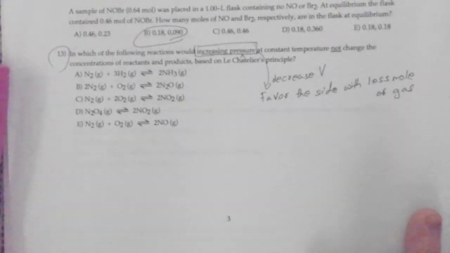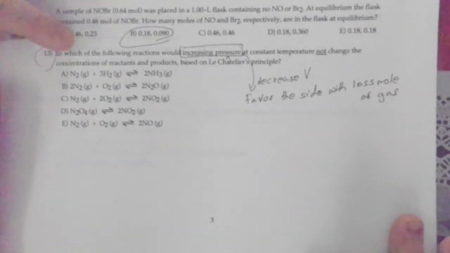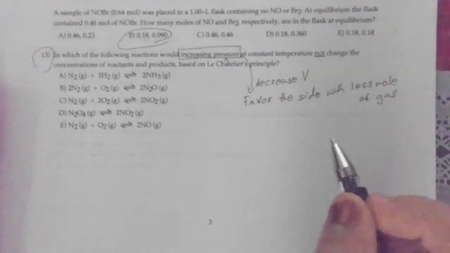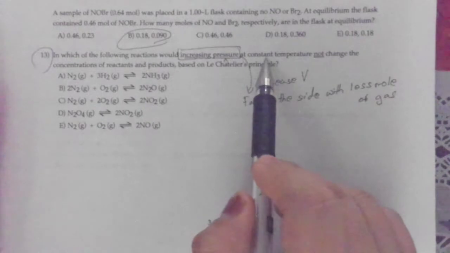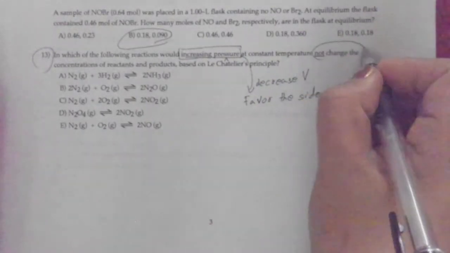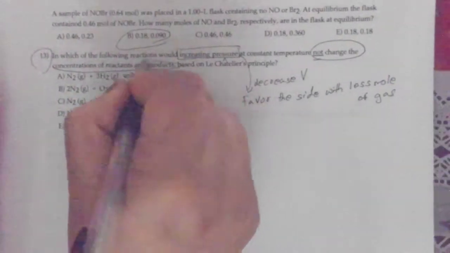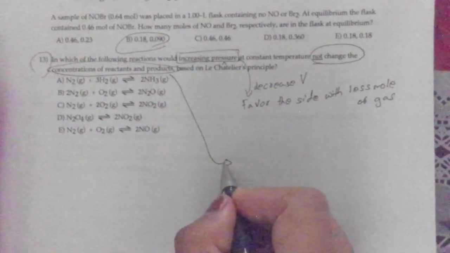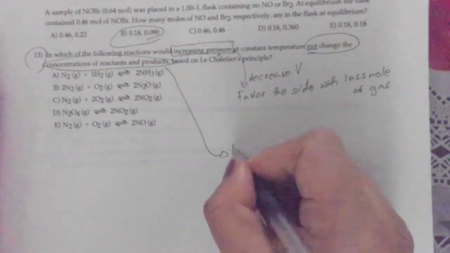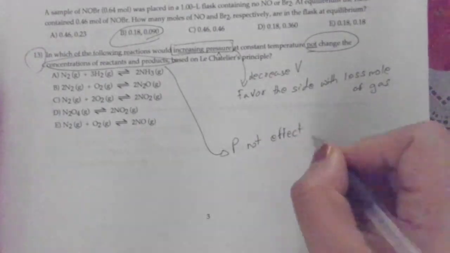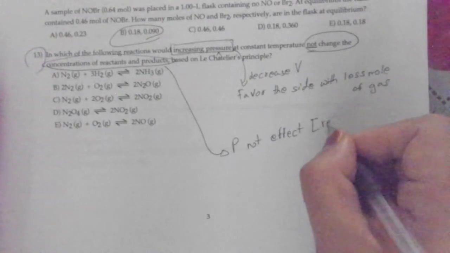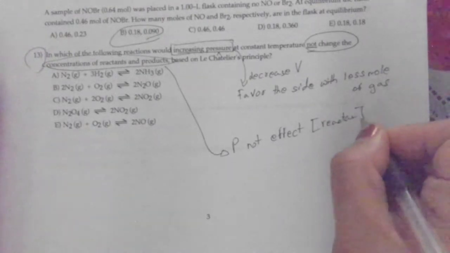All right. Anyway, what's going to happen is, if you take a look here, you're trying to figure out which of the following: temperature does not change. Increasing the pressure at constant temperature does not change the concentration of reactant and product.